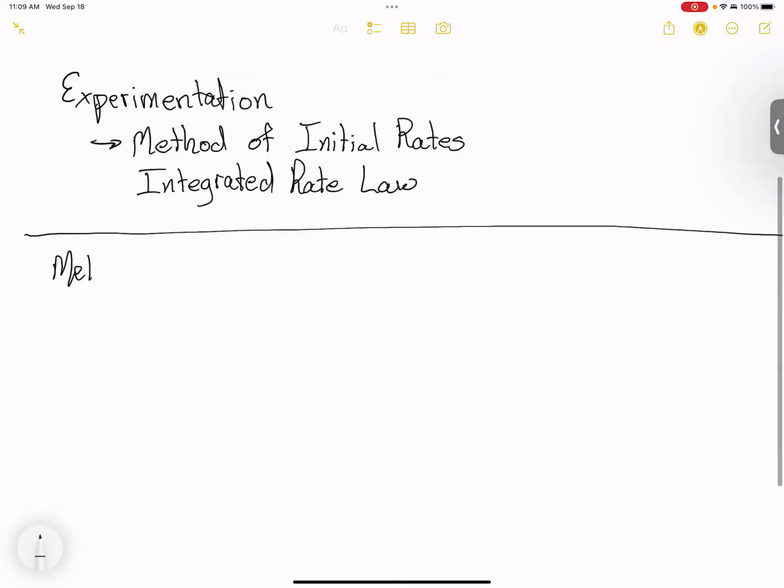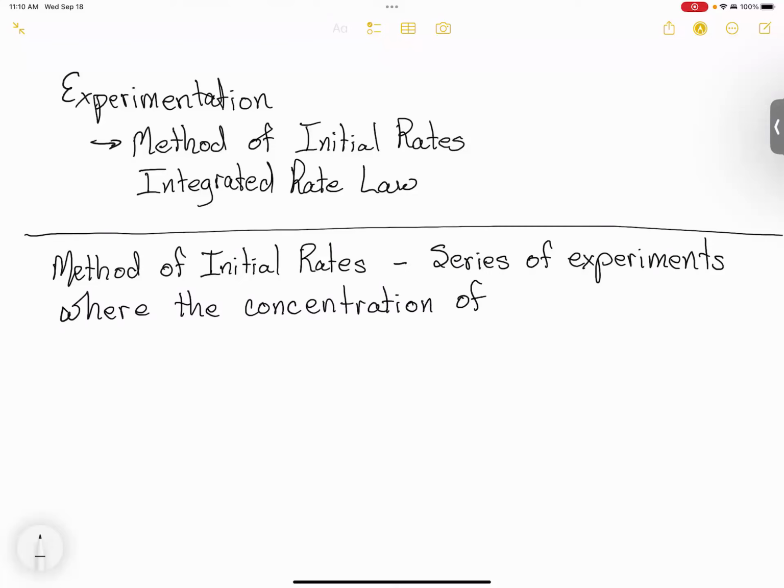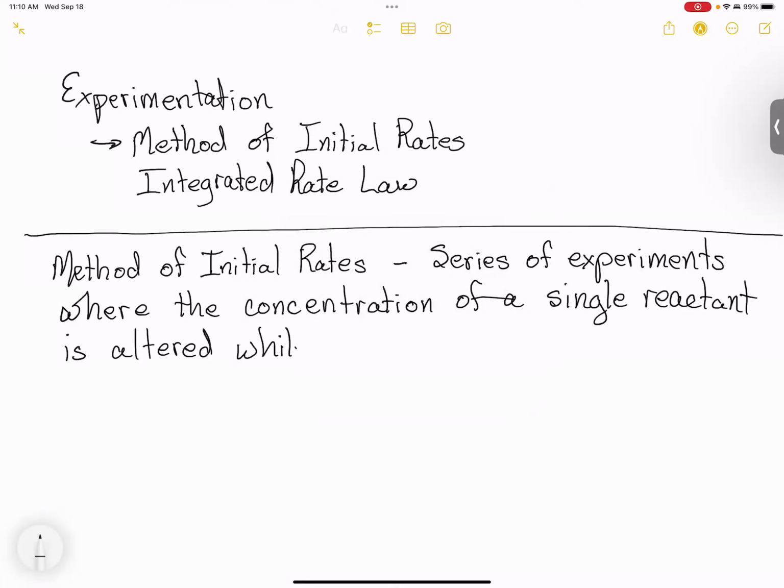So let's look at the method of initial rates. Basically, the method of initial rates is a series of experiments where the concentration of a single reactant is altered while holding the other reactant constant.